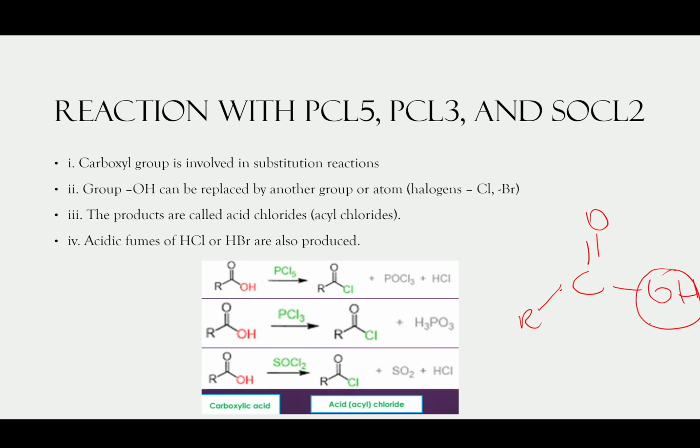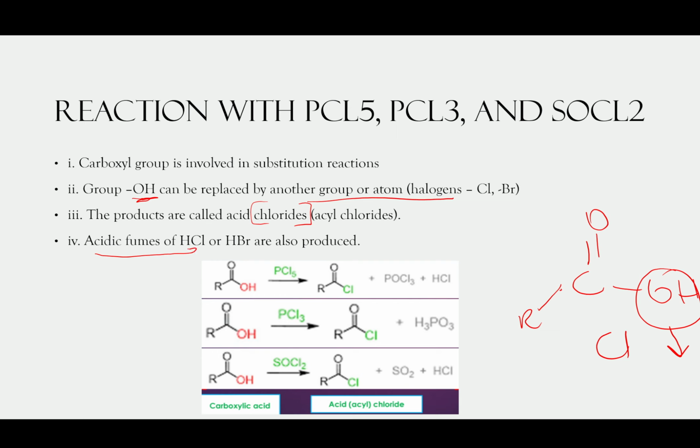This group will be substituted for a halide, and that will create acyl halides. So the OH group is replaced by a halogen to create an acyl halide. In this case, we have acid chlorides, or acyl chlorides. That's what the syllabus asks us to look at. But if they give us fluorine or bromine, we know we can create acyl bromides, acyl iodides, acyl fluorides. But acyl chlorides are the most common, so we just look at acyl chloride specifically.